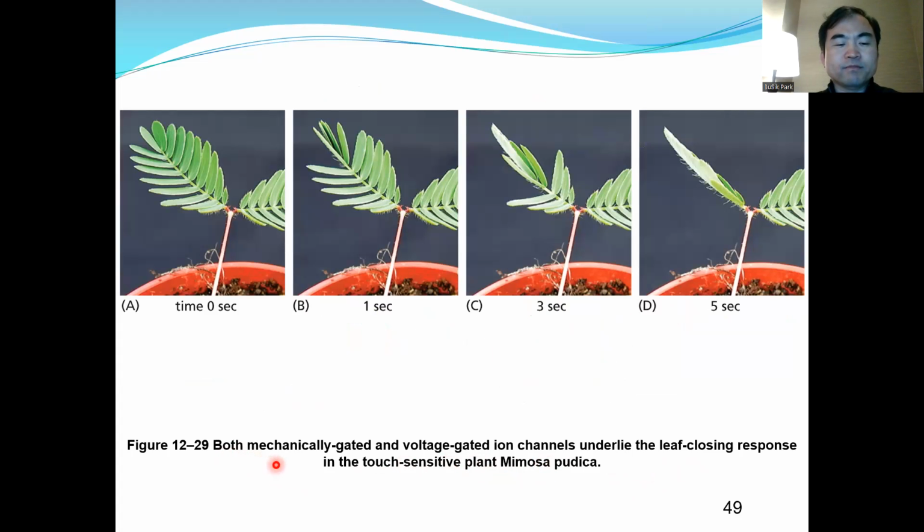Both mechanically gated and voltage-gated ion channels underlie the leaf closing response. Both of them are involved.